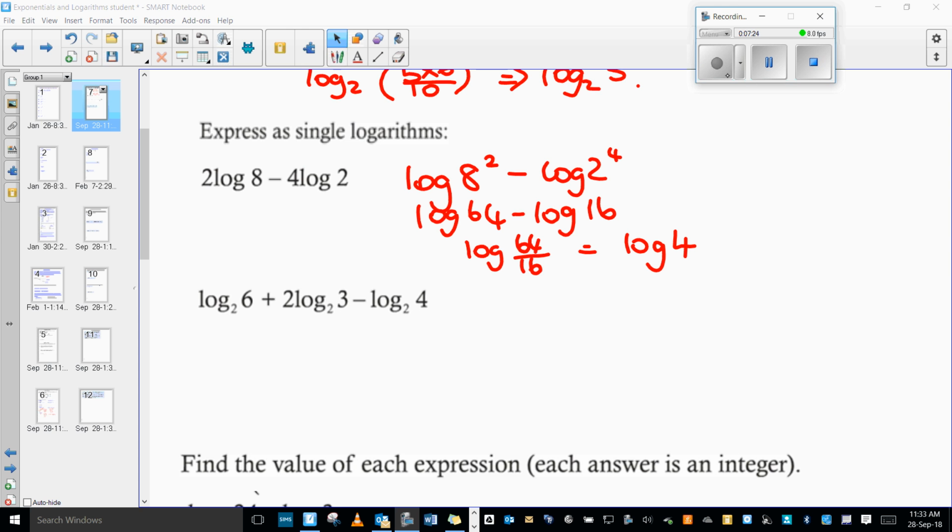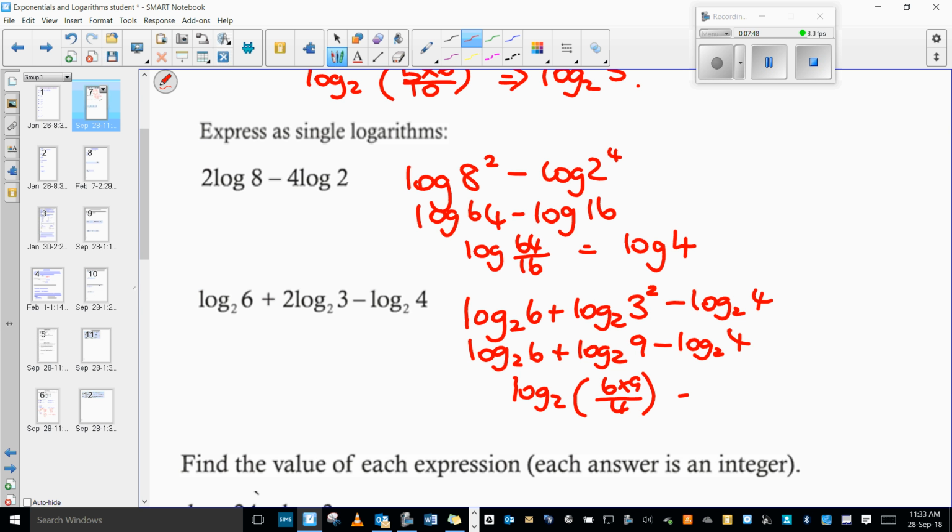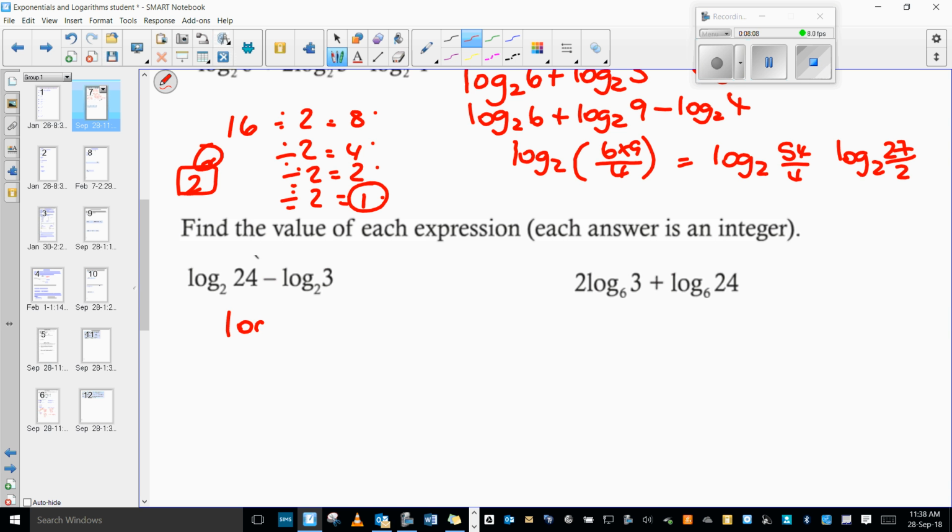And then we've got find the value of each of these. Alright, so log base 2 of 24 over 3.